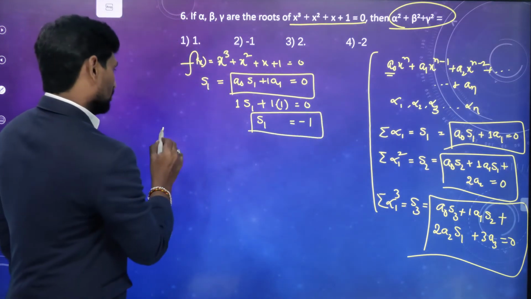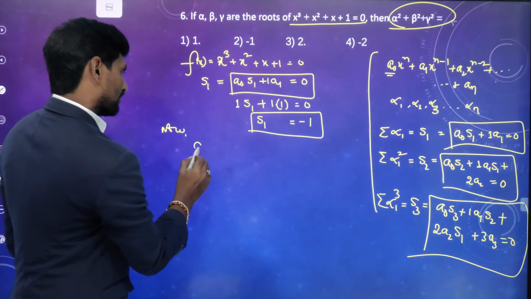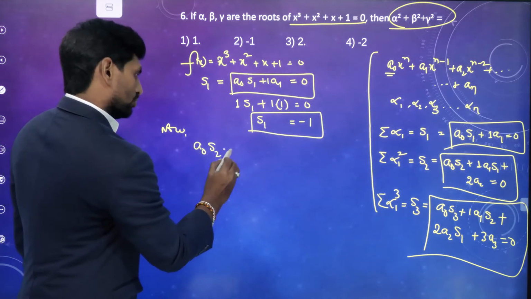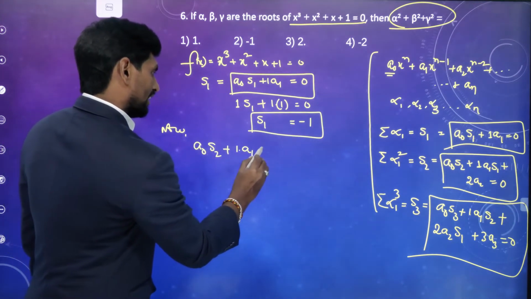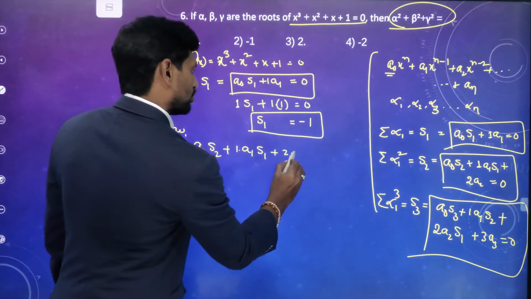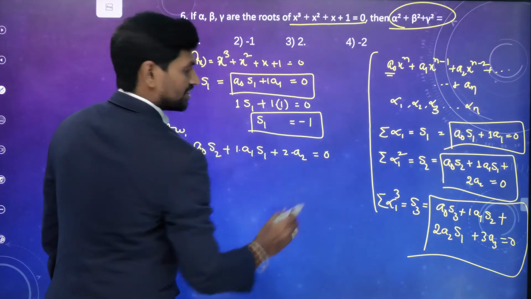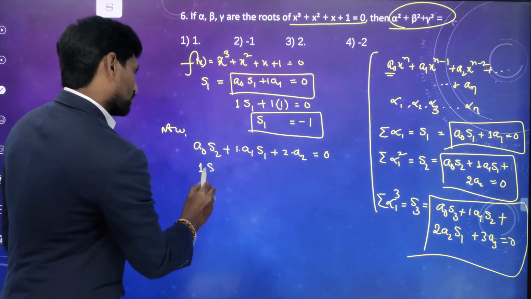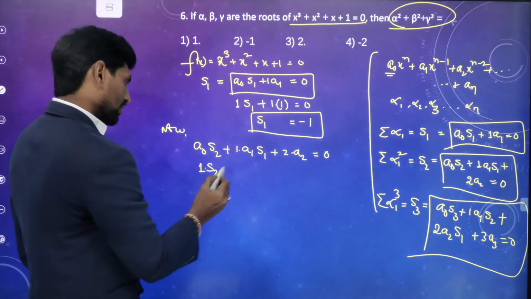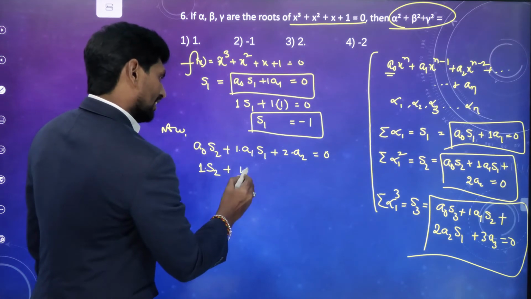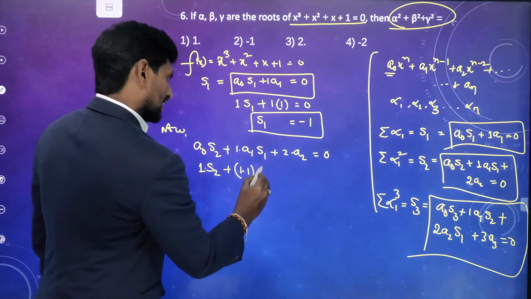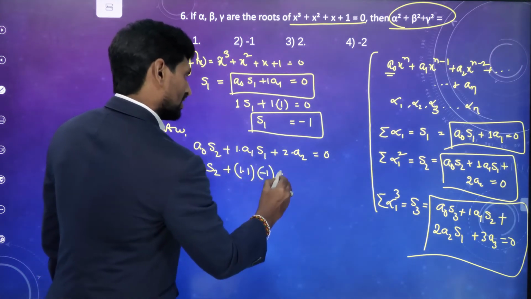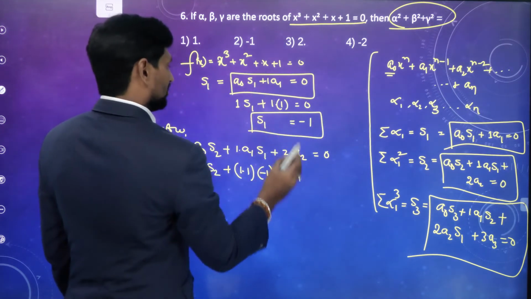Now the S2 value. What is the formula for S2? A naught S2 plus A1 S1 plus 2 A2 equals 0. Substitute here: A naught is 1, S2 we need to find, plus 1 into A1, which is also 1, into S1 which is minus 1, plus 2 into A2, which is also 1.